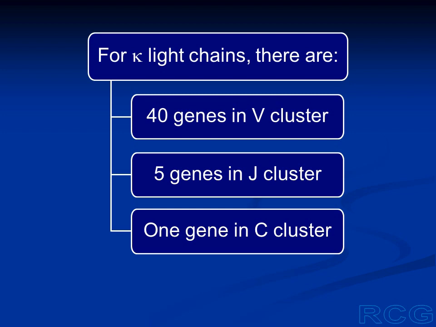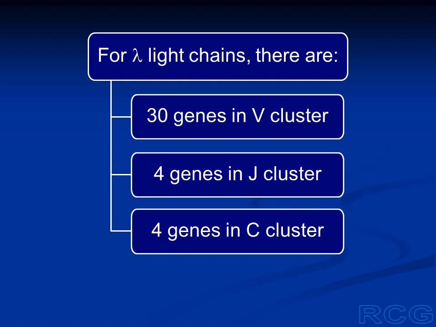Now, for kappa light chains, there are 40 genes in the V cluster. There are 5 different genes in the J cluster, and there is a single gene in the C cluster. For lambda light chains, there are 30 genes in the V cluster.